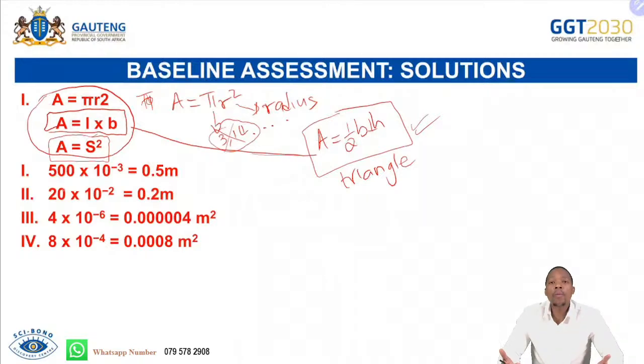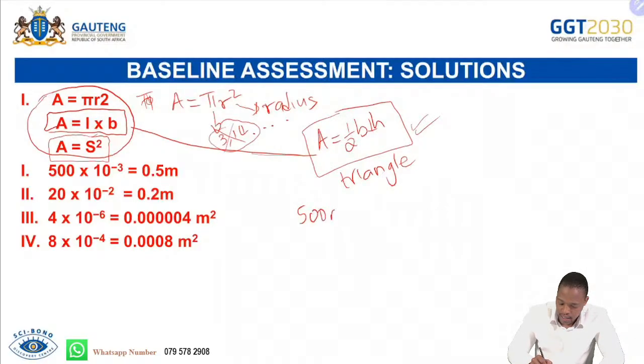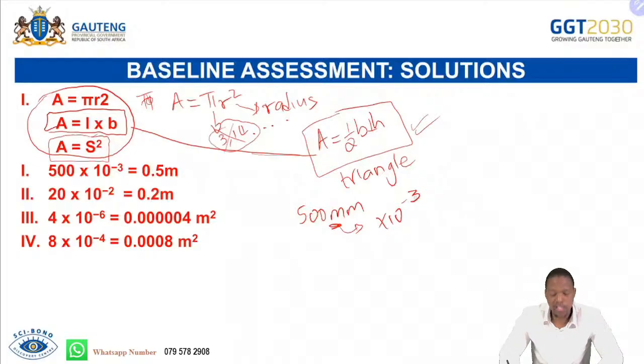I take this from grade 10, where we were taught the SI prefixes that I spoke of last week. If someone says 500 millimeters, then I'm talking milli, and the SI prefix of milli is times 10 to the power -3. So I simply need to take this value and multiply it by 10 to the power -3.